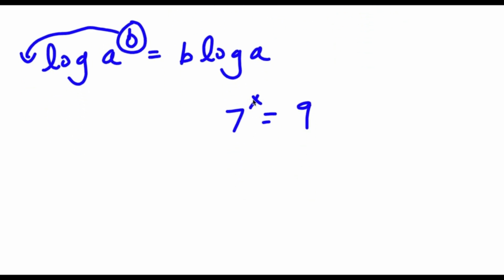Well, right now it's really hard to solve for x because x is an exponent, and we know that x is going to be a decimal because 7 to the power of 1 is equal to 7, and 7 to the power of 2 is equal to 49. And 9 is somewhere in between 7 and 49, meaning x is somewhere in between 1 and 2. However, it's really hard to find the value of that by just having x be an exponent.